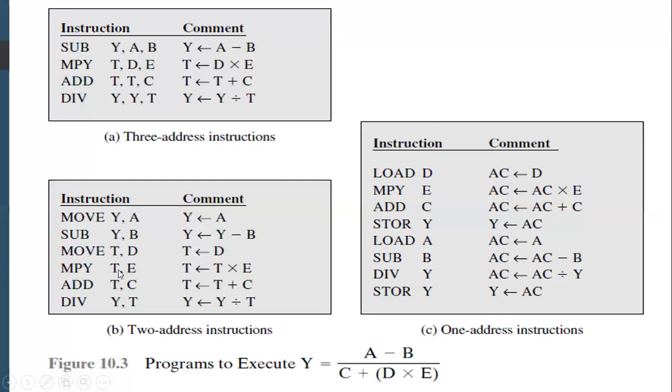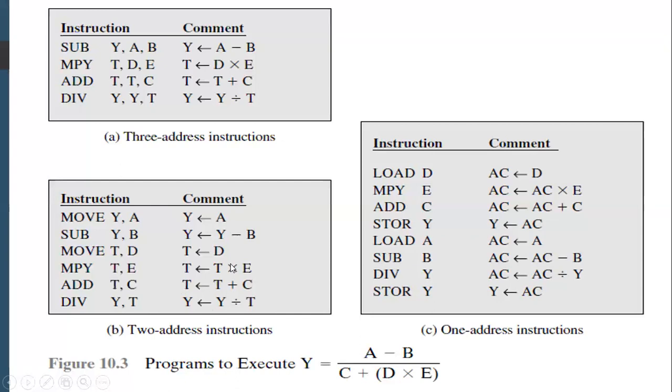Next is multiply T by E, and the result will be stored again in T. Then we add C to this multiplication, so T plus C will be stored again in T. Your denominator is in T and your numerator is in Y. So divide Y by T, and this is your result. The result will be stored in Y.